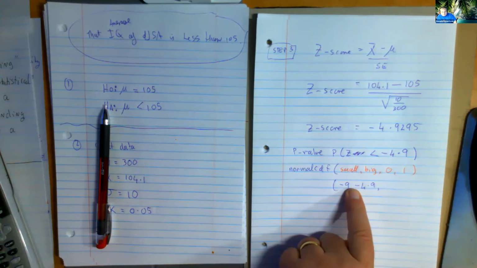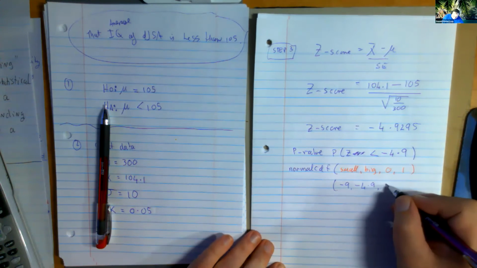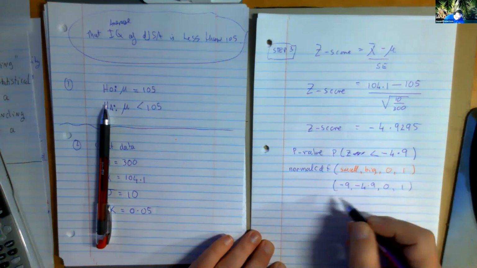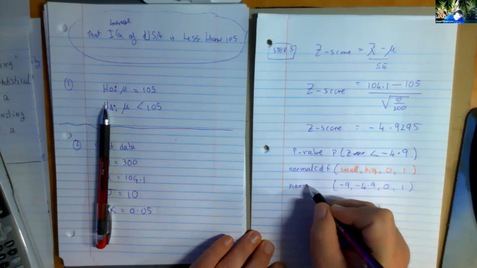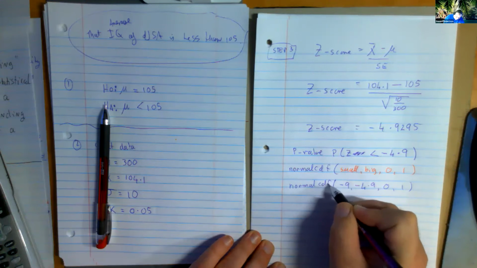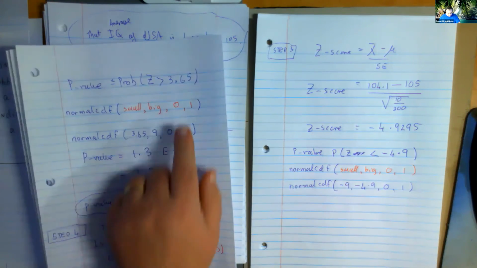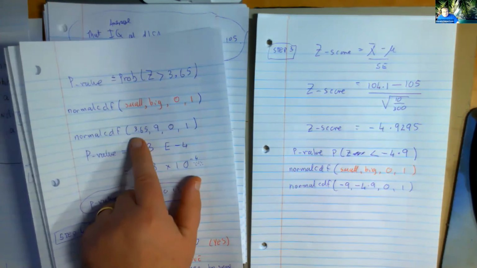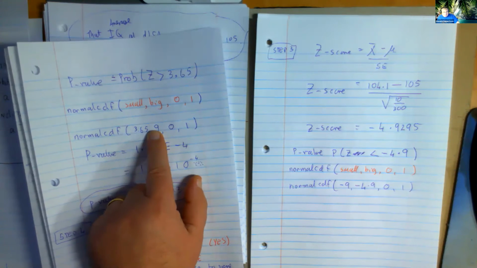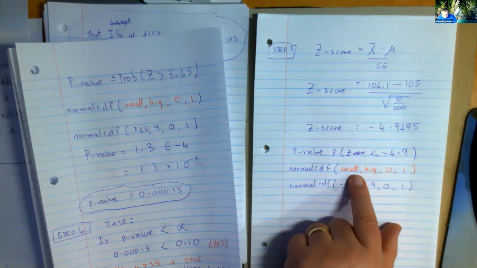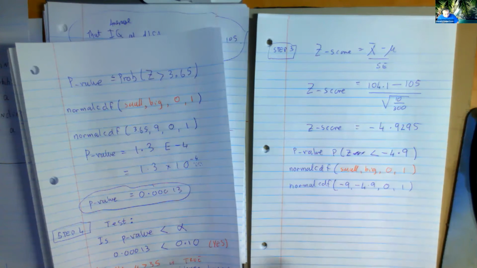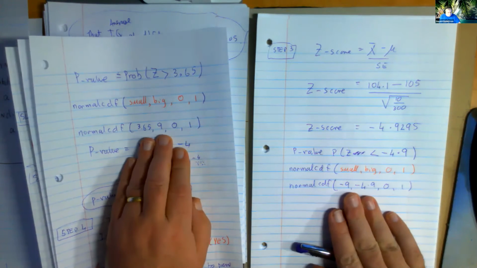So you see it's negative 9, negative 4.9, 0 and 1. So if you are looking for a greater than situation, which is what the first question looked like, greater than this guy, 9. You want less than? Negative 9. Do you see the difference?